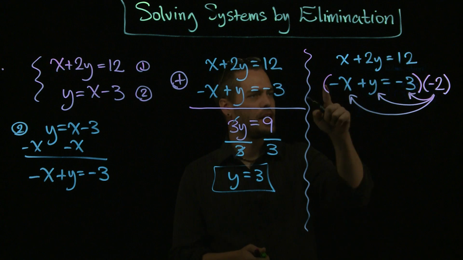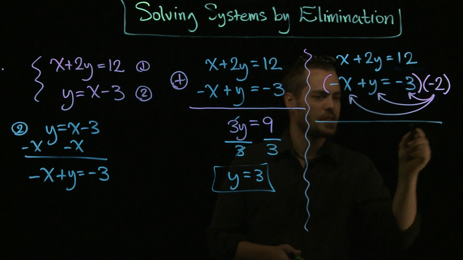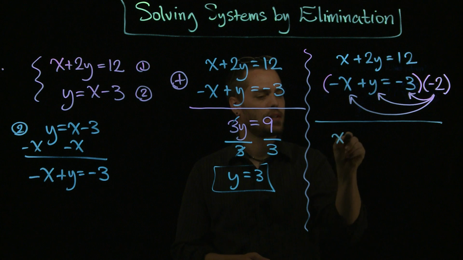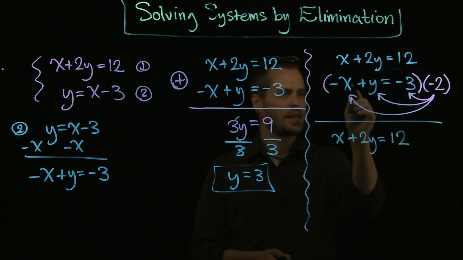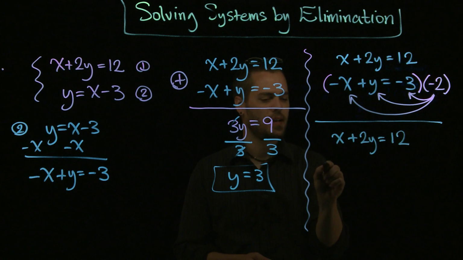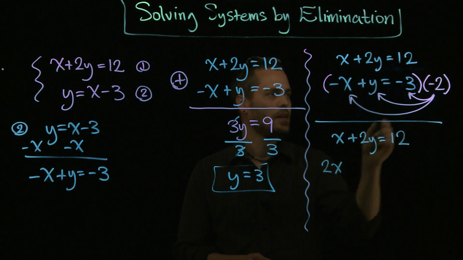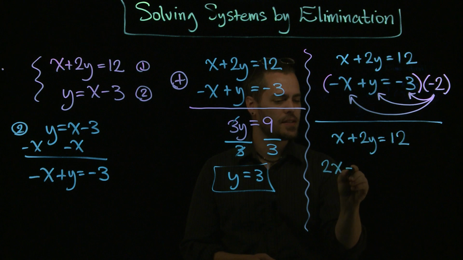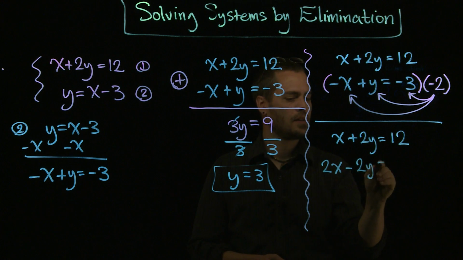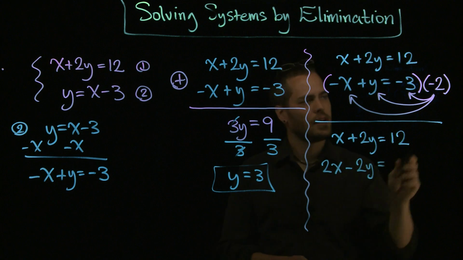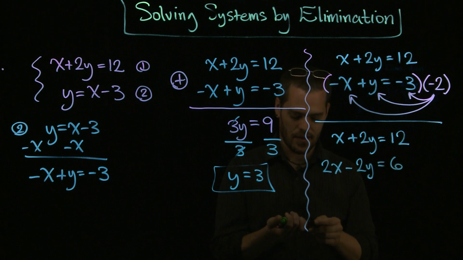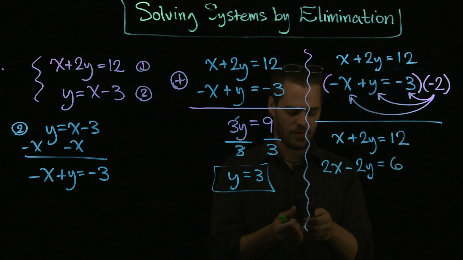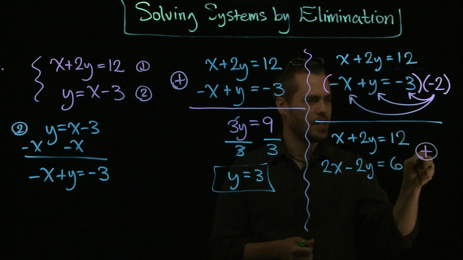Now that I do that, my system becomes the following. The top equation is still the same. The next equation, negative 2 times negative x is positive 2x. Negative 2 times y is negative 2y. On the other side of the equal sign, negative 2 times negative 3 is positive 6. And now I am ready for the addition step.